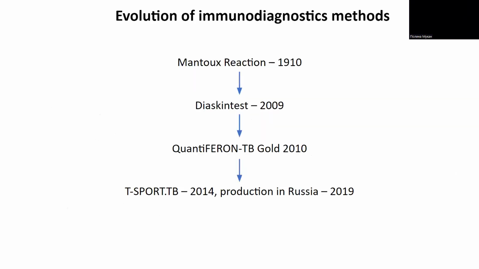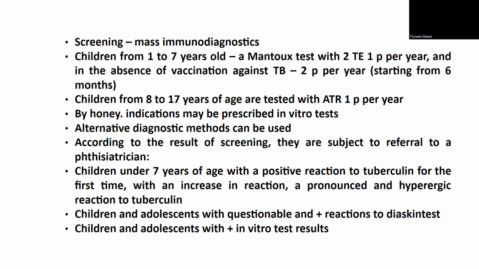Evolution of the immunodiagnostic method. Screening mass immunodiagnostics: children from 1 to 7 years old, the Mantoux 2 TE test. Children from 8 to 17 years of age, a test with ATP.